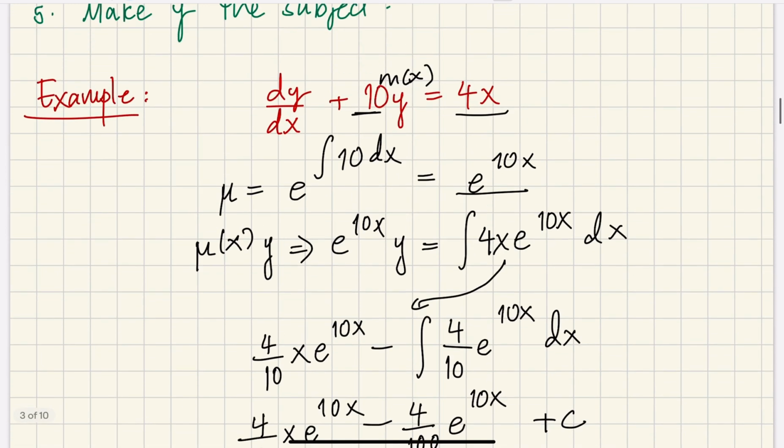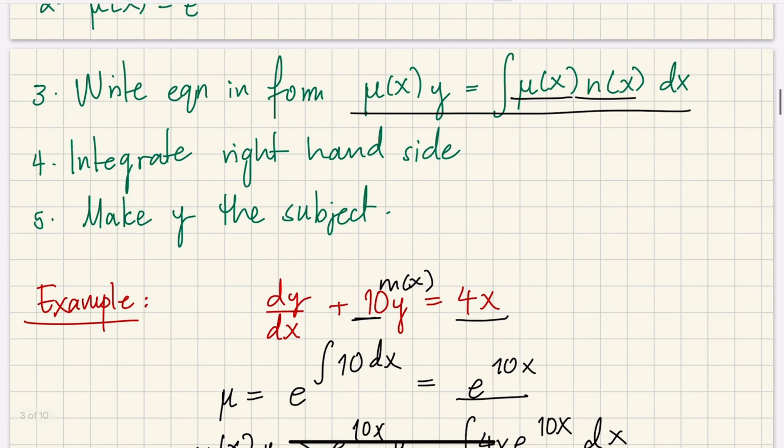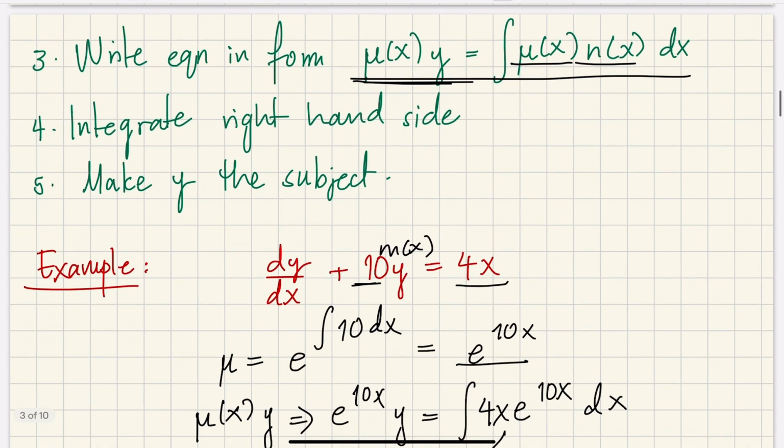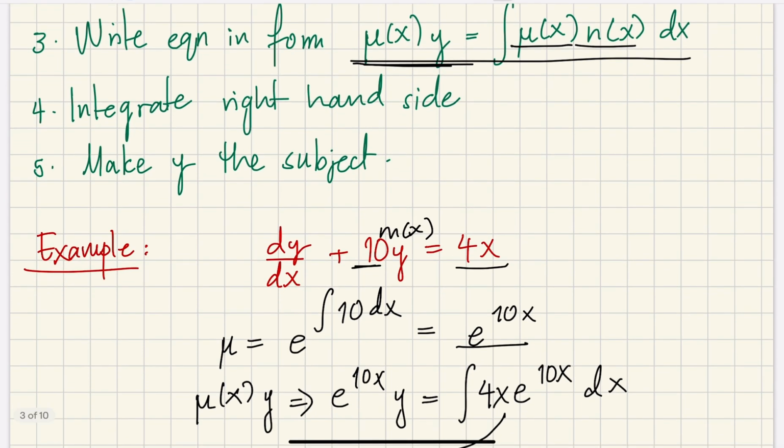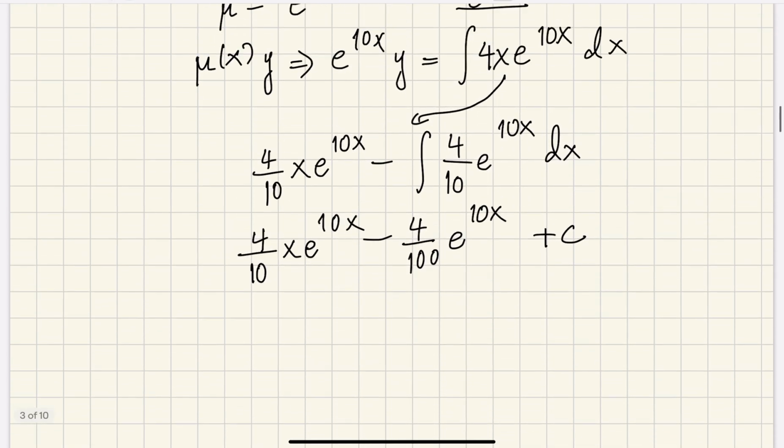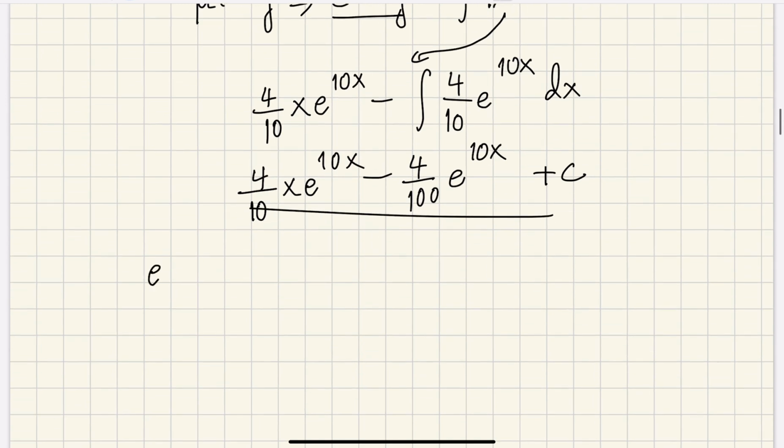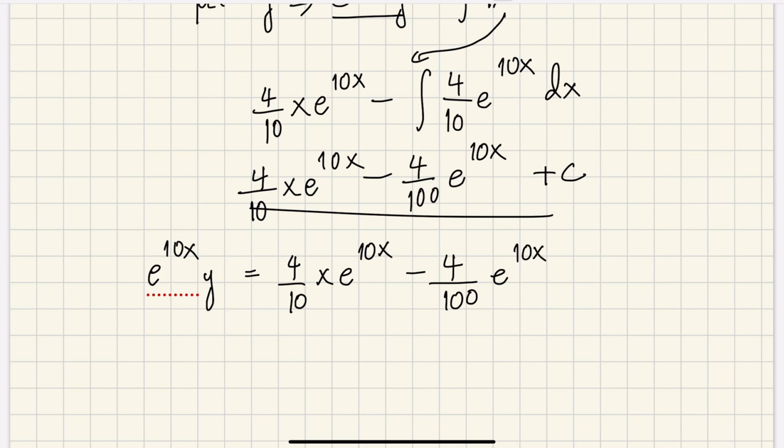Now, remember this part, we multiply mu of x by y, just like this, and we're going to equate it to this. So e to the 10x times y is equal to 4 over 10 x e to the 10x minus 4 over 100 e to the 10x plus c.